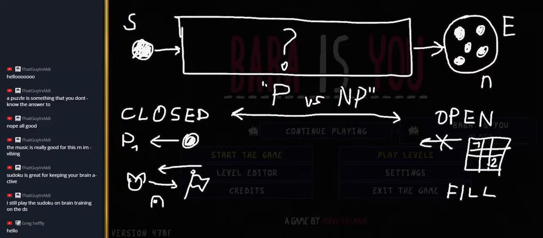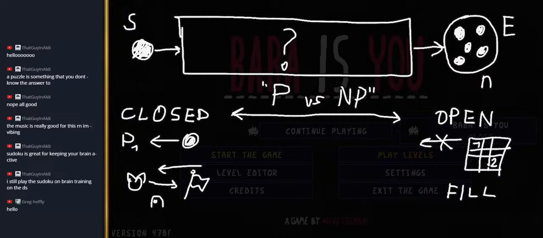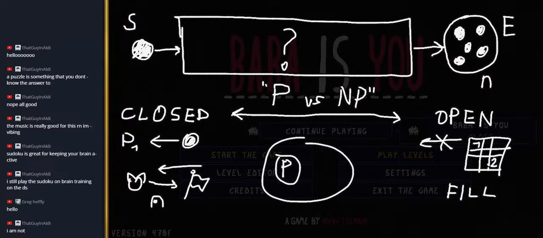Probably not. Well, P versus NP basically defines a set of problems P, which is a subset of greater problems NP.